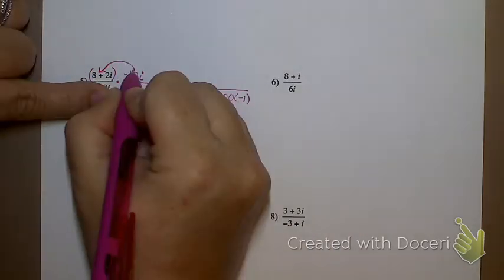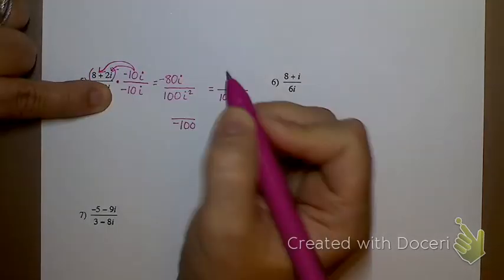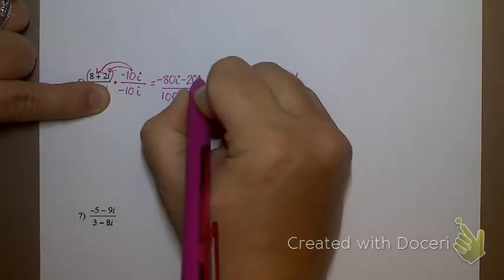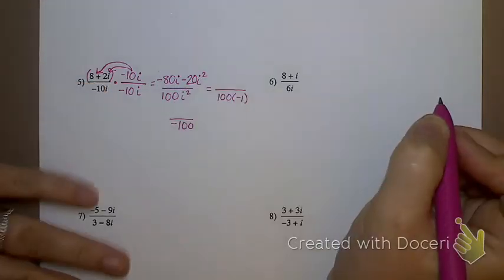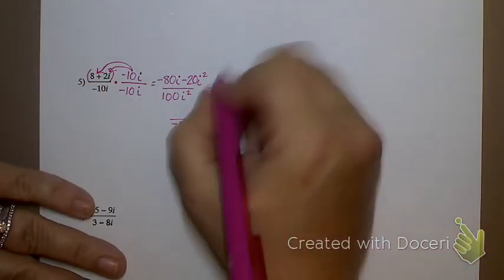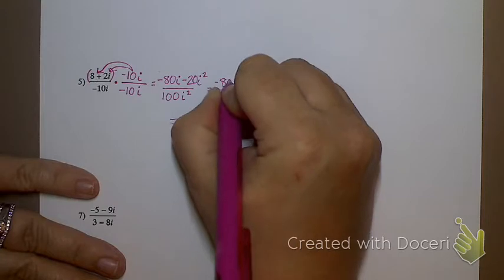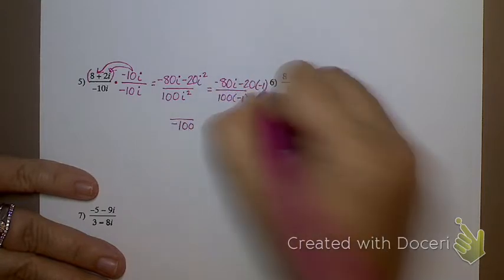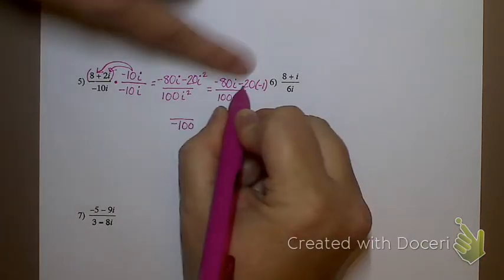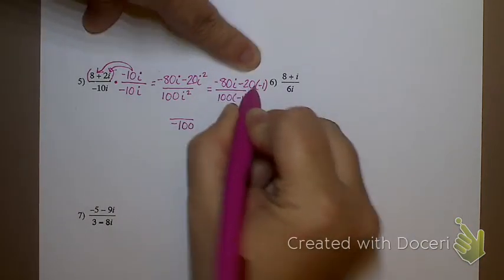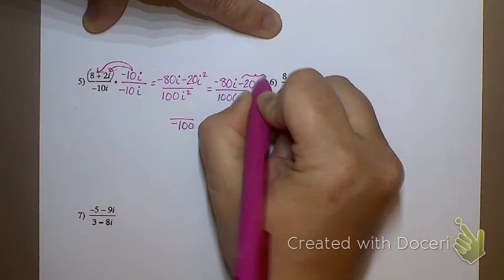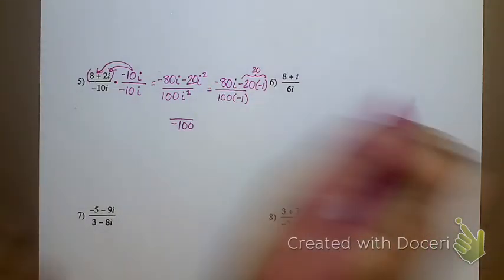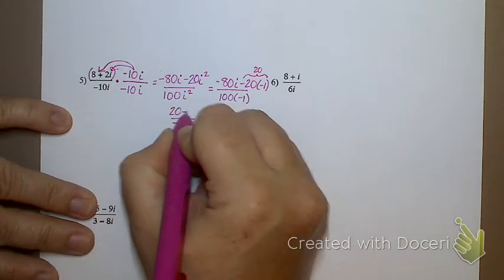And negative 10i times 2i would be negative 20i squared. So let's look at that a little bit further. Negative 80i minus 20 times negative 1, which will become positive 20. So I'm going to call that 20 minus 80i.